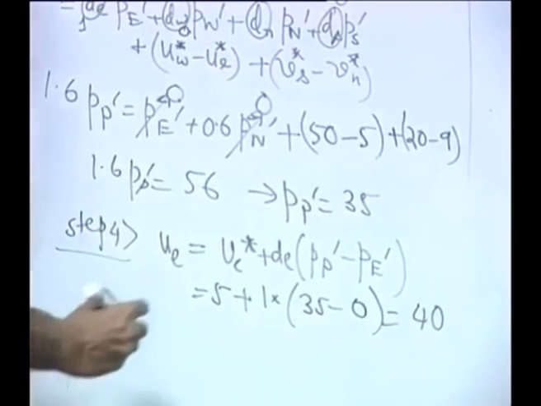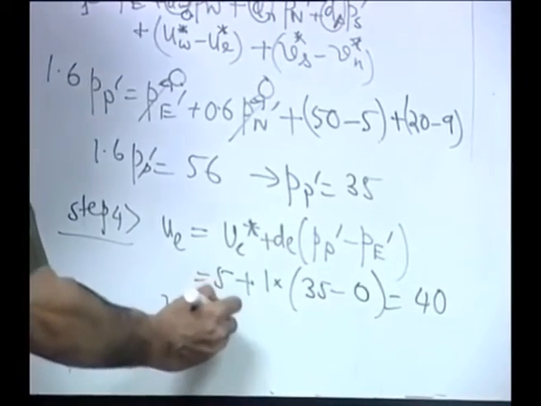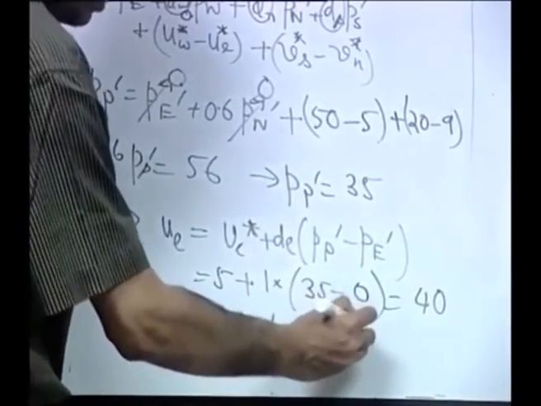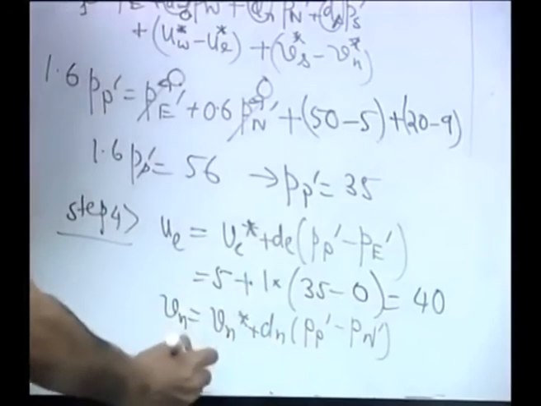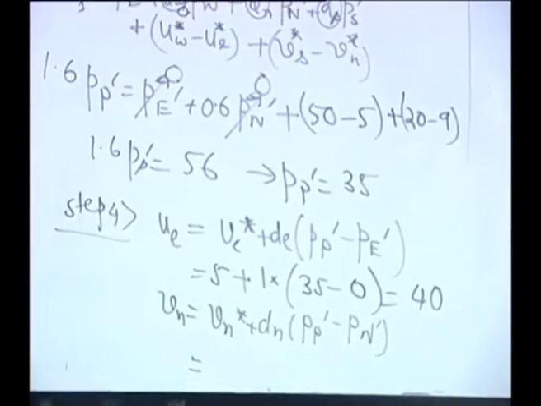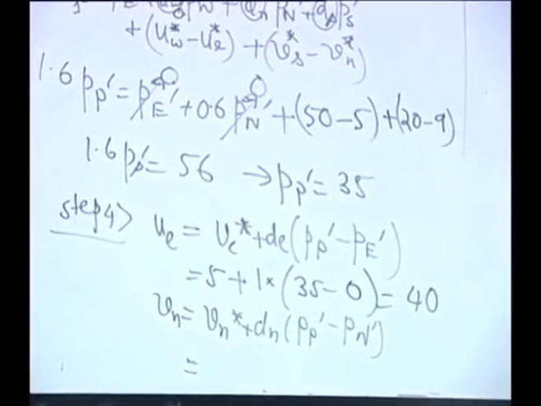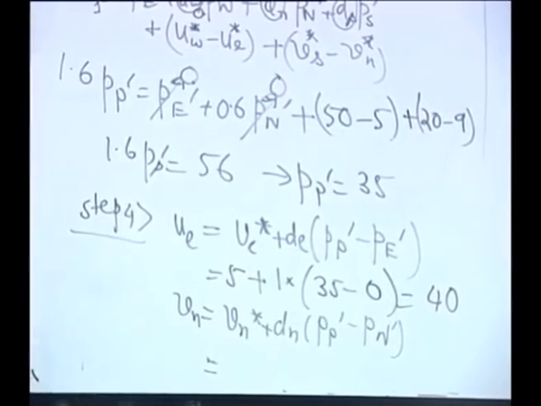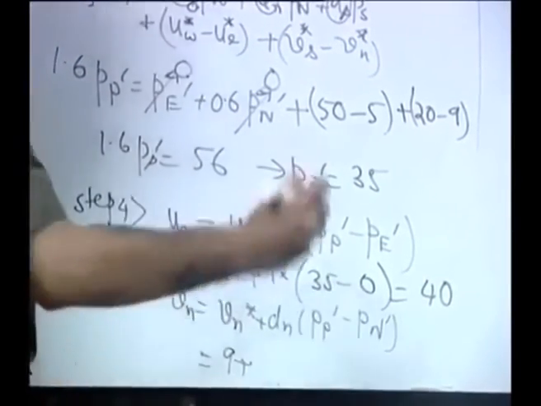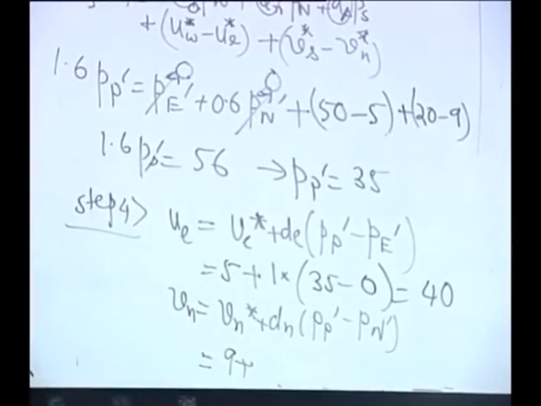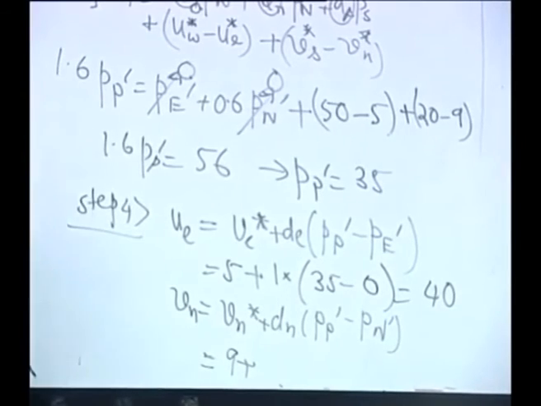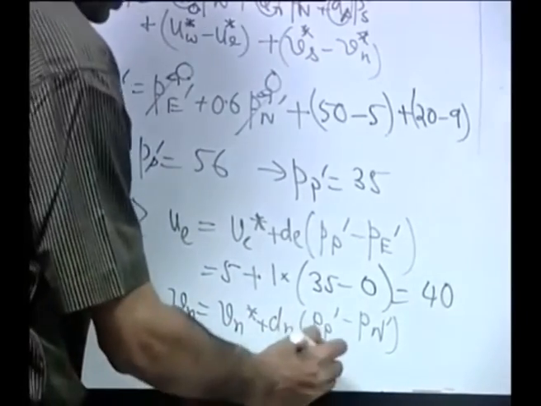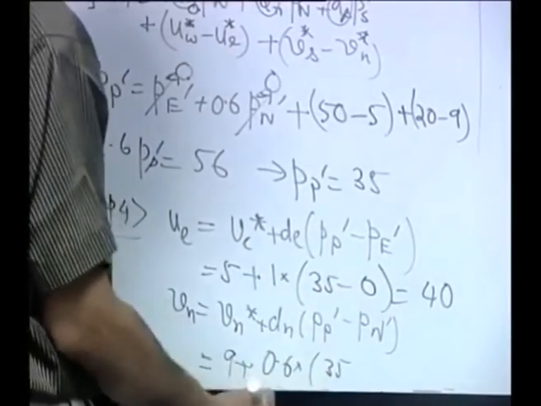Then Vn equal to Vn star plus dn into Pp prime minus Pn prime. So, what is Vn star? 9 plus dn 0.6 into 35 minus 0.